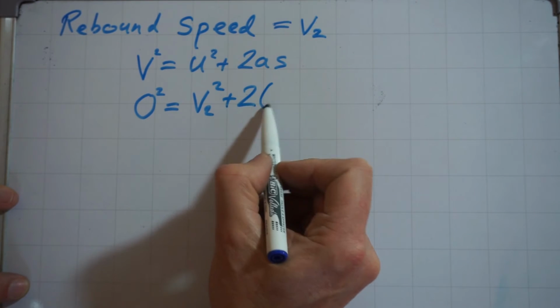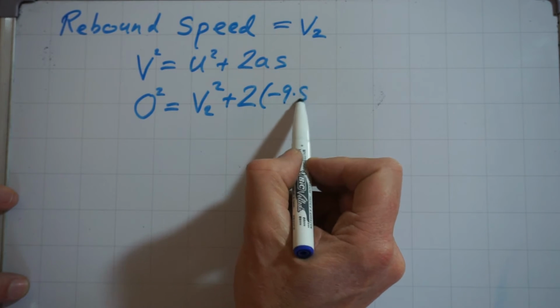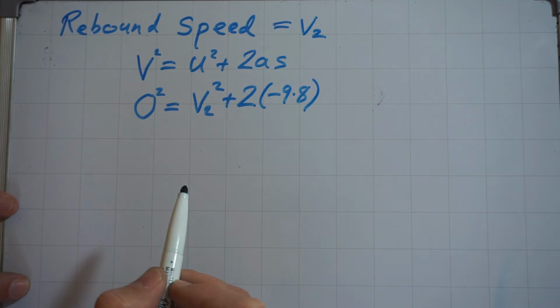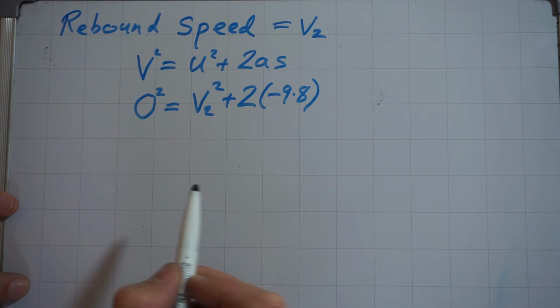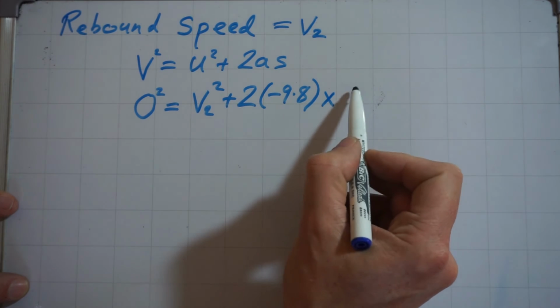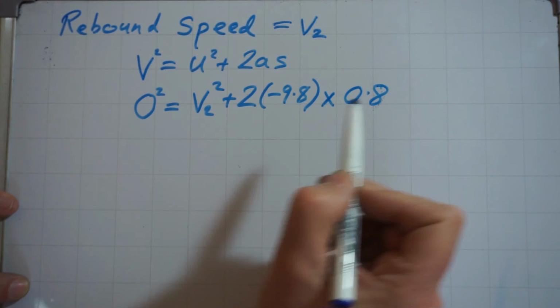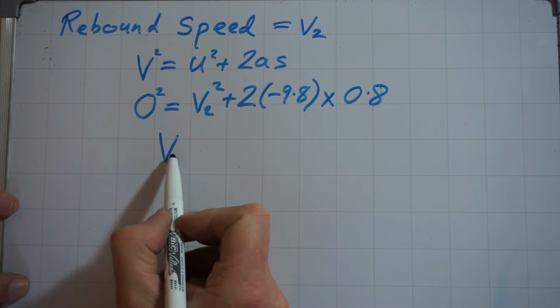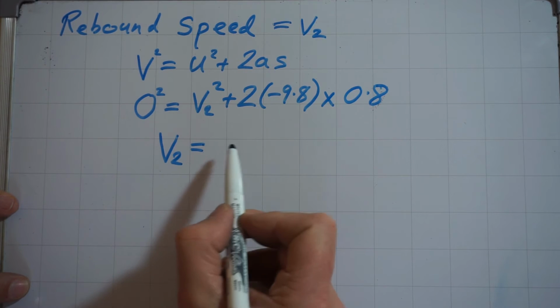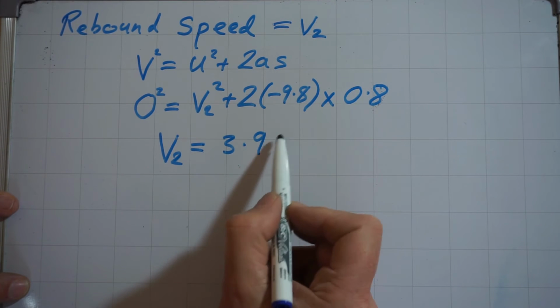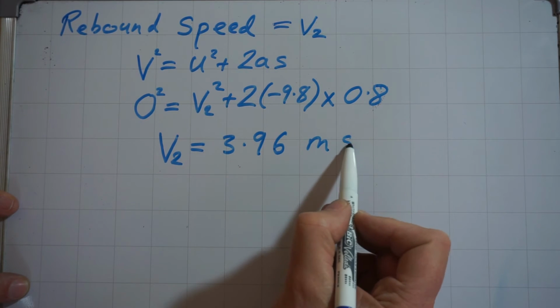But this time, because the acceleration and the displacement are in opposite directions, we need to use minus 9.8 for the acceleration, and we know that the distance is 0.8. Solving this gives us V2 equal to 3.96 meters per second.